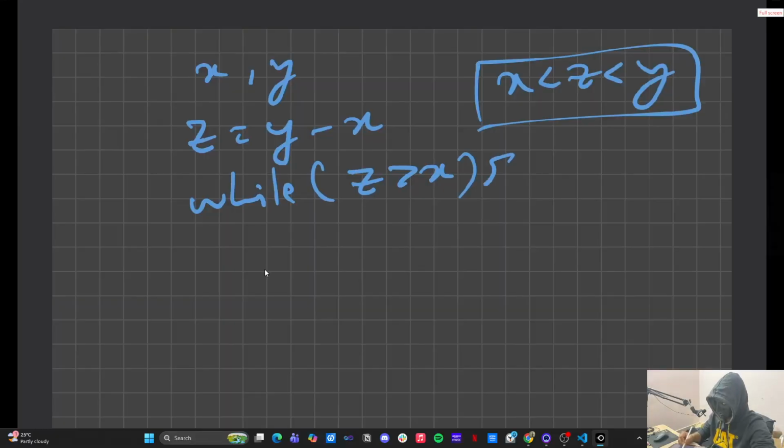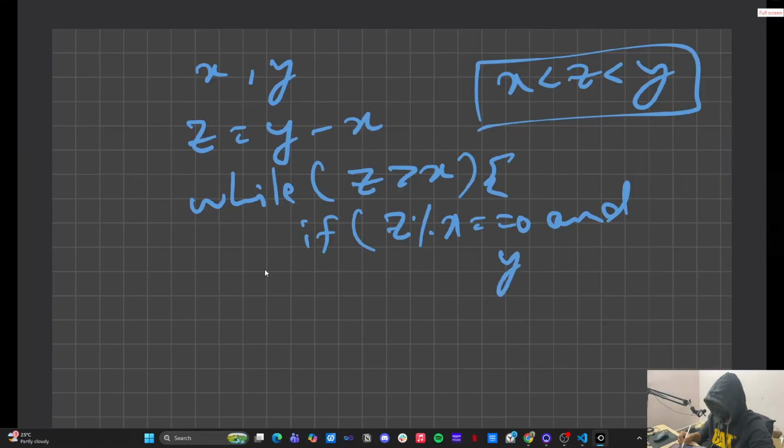I'll check if z modulo x equals 0 and y modulo z should not be equal to 0.